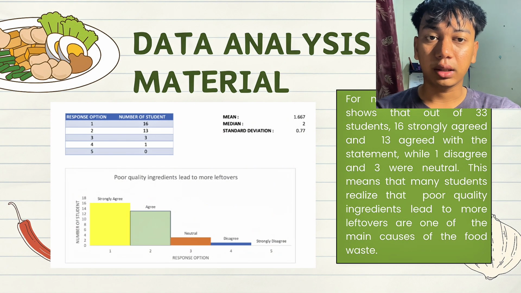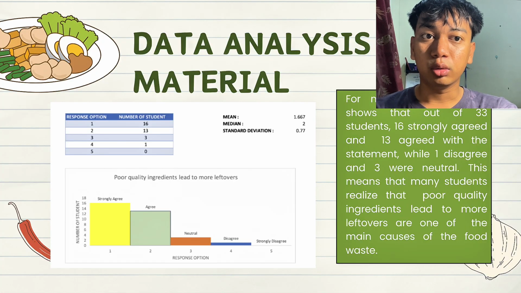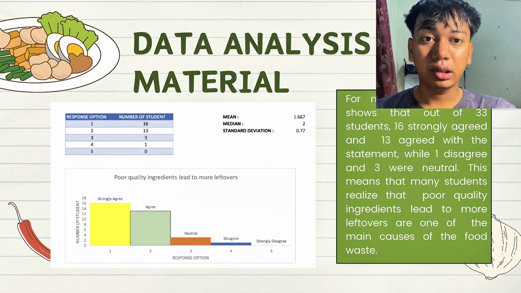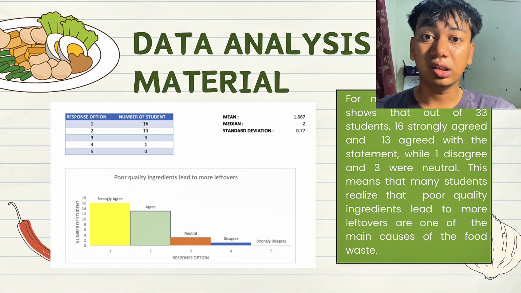So the last factor in our fishbone diagram is material. The question for this section is: poor quality ingredients lead to more leftovers. Based on data collection, 16 students chose strongly agree, 30 students chose agree, and 3 students were neutral. 1 student chose disagree, and no student chose strongly disagree.